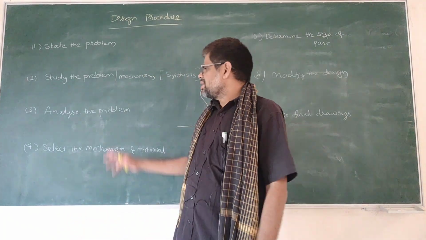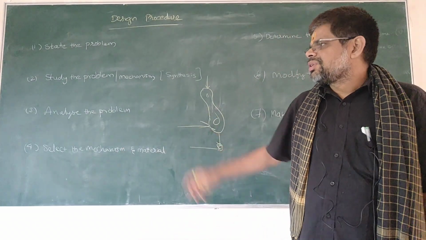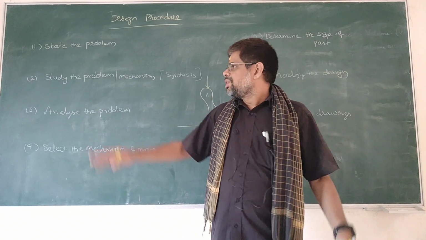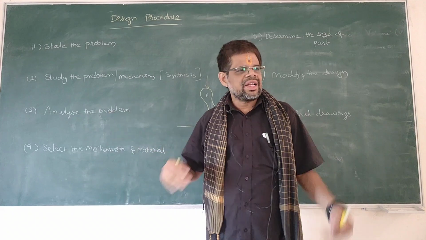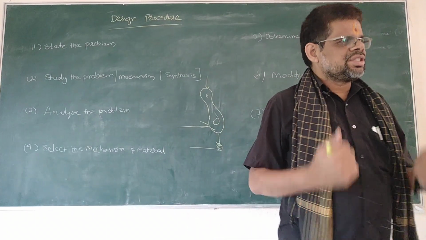This comes under analysis of the problem. So you have identified the problem, you have studied the problem well, you have studied the mechanism, and then you have analyzed the problem also. That means you have identified where the bug is.